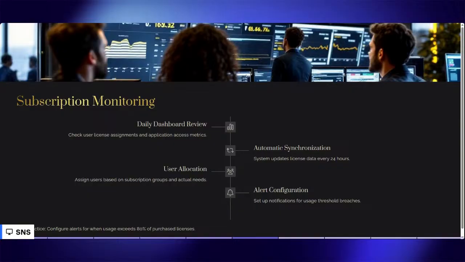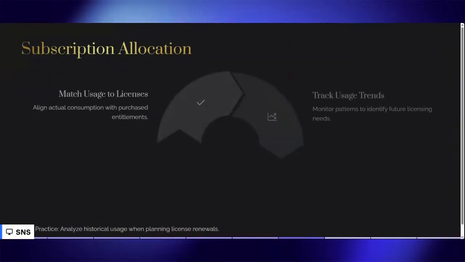Set up a notification for usage threshold, so whenever it's higher, or whenever it gets closer, you can send that notification. Okay, an alerting mechanism is very important. For example, before you reach 80% of a purchased license, you can send a notification, or when it reaches 100%, you can send a notification. Okay, that is very important.